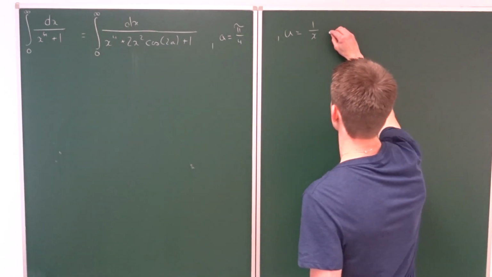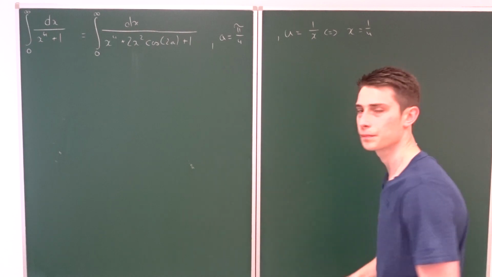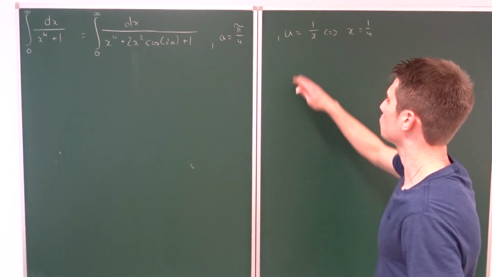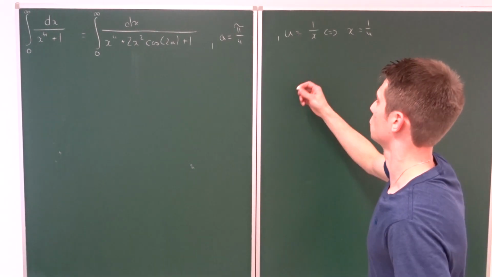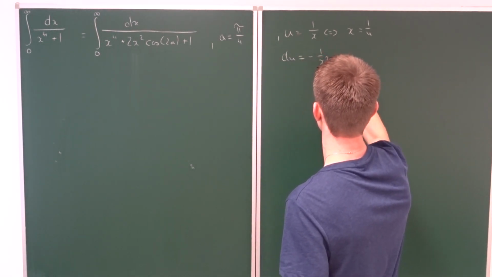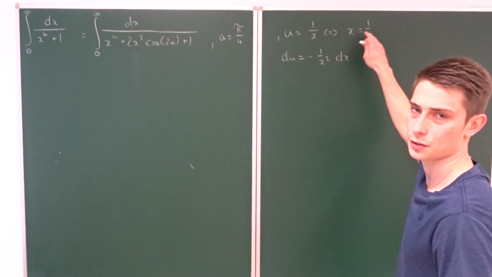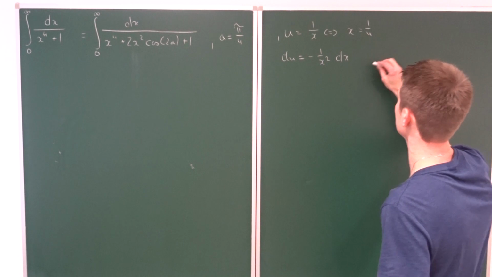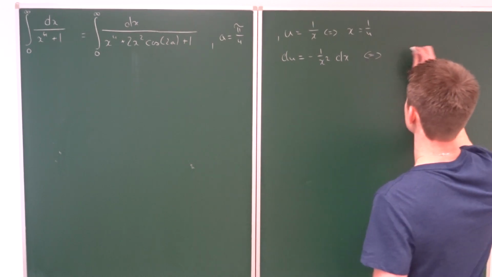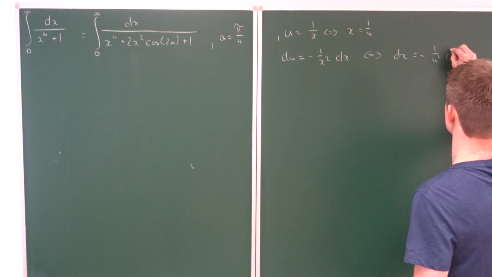So that's equivalent to x equals 1 over u. Okay, and we still have to differentiate this u. So du equals minus 1 over x squared times dx, or if you differentiate the right hand side of the equivalence, that's equivalent to dx equals minus 1 over u squared du.